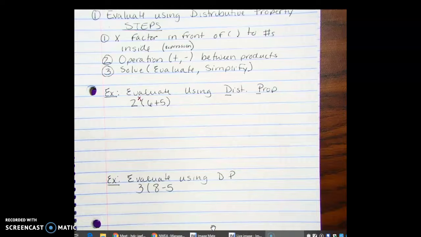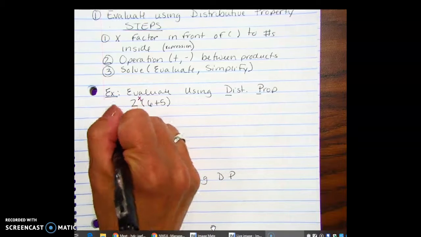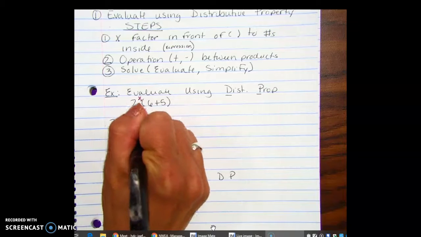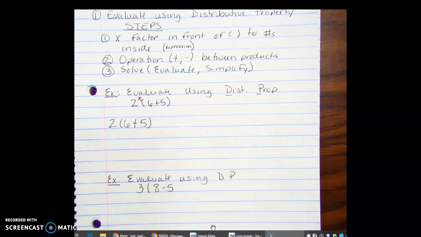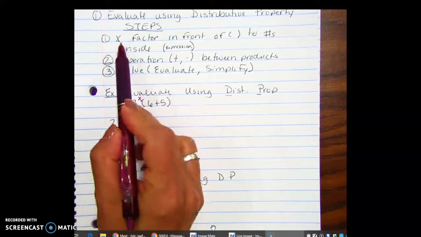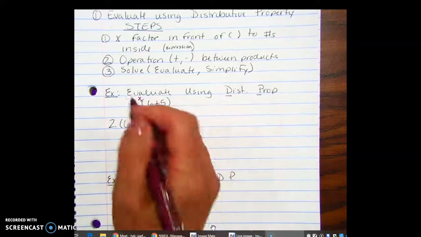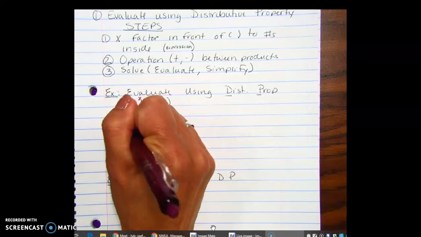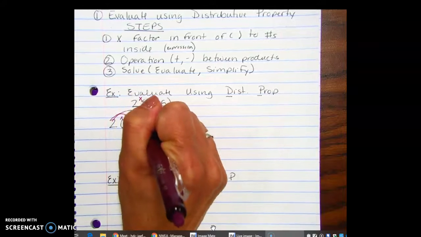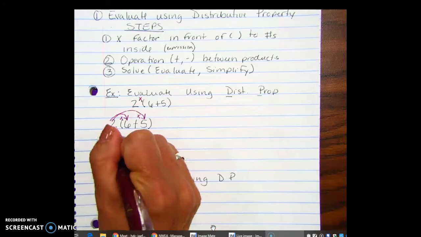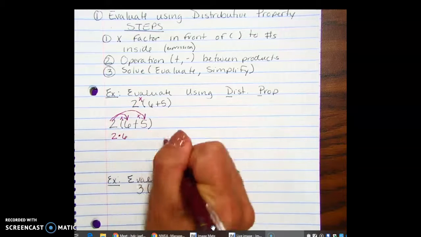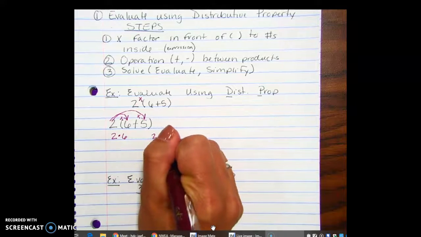So the first thing I'm going to do is rewrite my problem so that you're able to see this step by step. Step 1, multiply the factor in front of the parentheses to the numbers inside the expression. So I take 2 times 6 and 2 times 5, and I write 2 times 6 and 2 times 5.